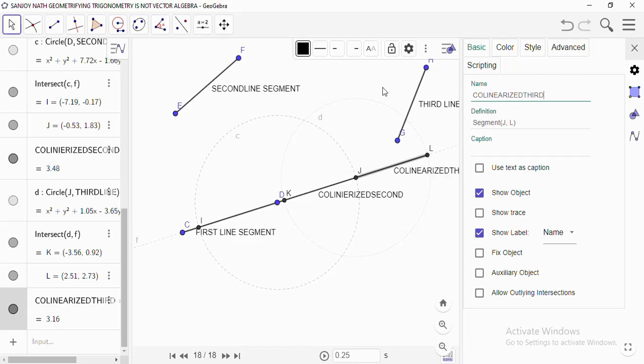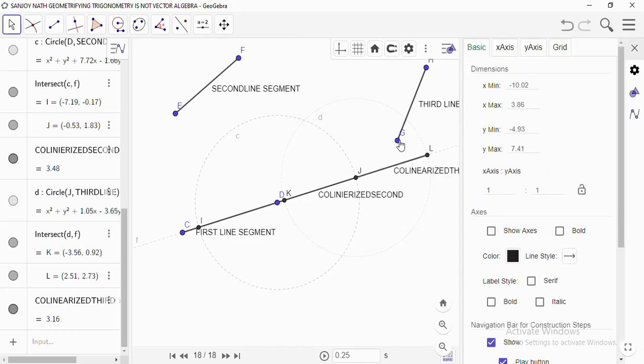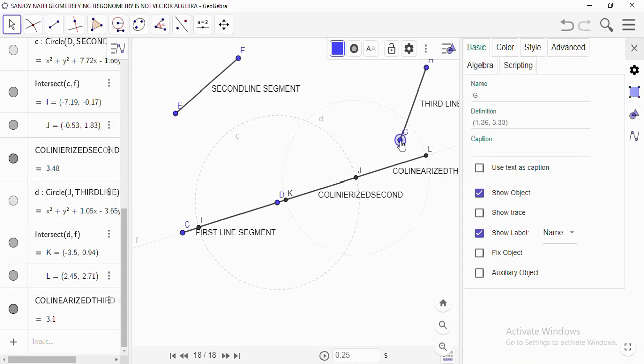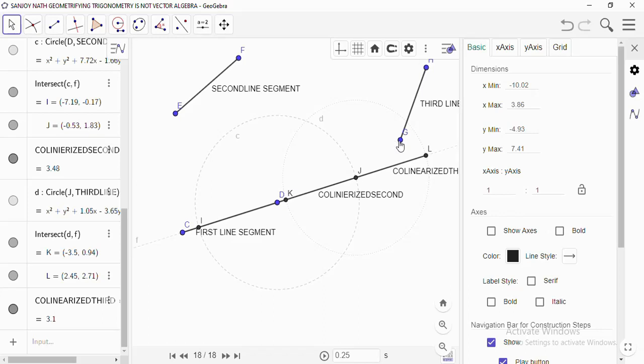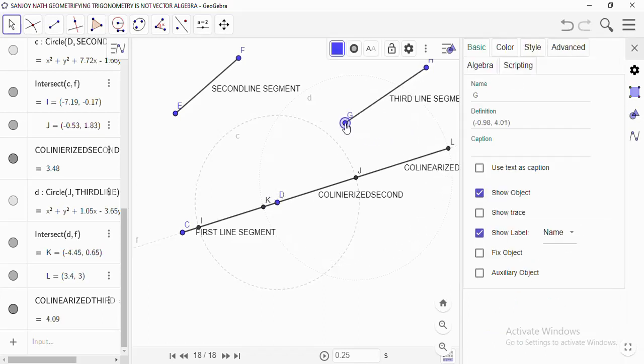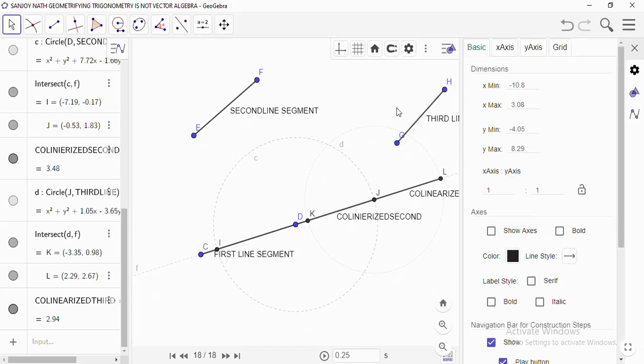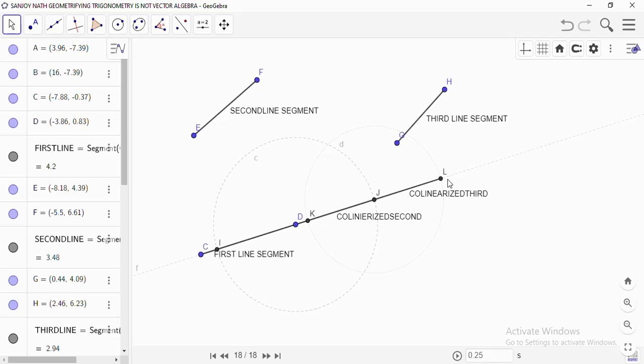If we change the length of the third line anyhow, you can see that its point is changing, but this point is not moving.